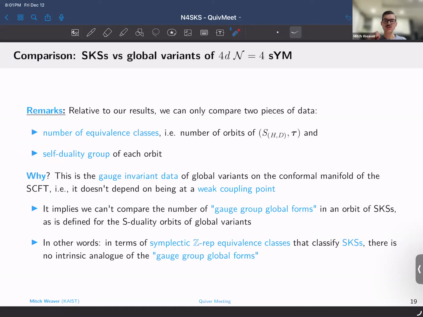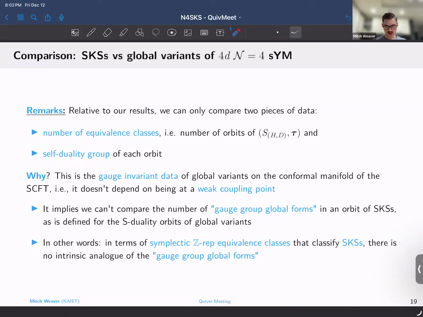But one of the things this implies is that we can't compare the number of, quote unquote, global forms of the gauge group in an SK structure orbit, as one can do, and as they did in the Reading Between the Lines paper.